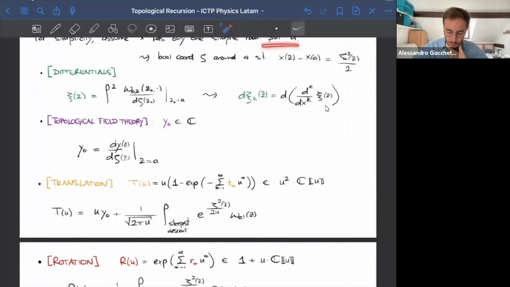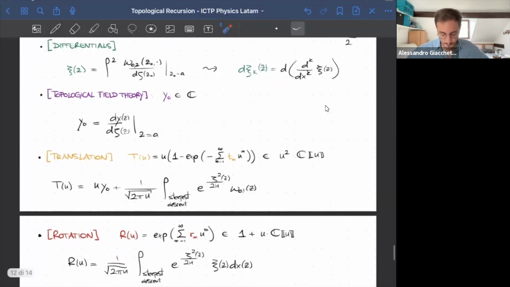And again, when you have more ramification points, this translation is no longer just a formal power series with values in C, but it will have values in vectors labeled by, again, the ramification points.